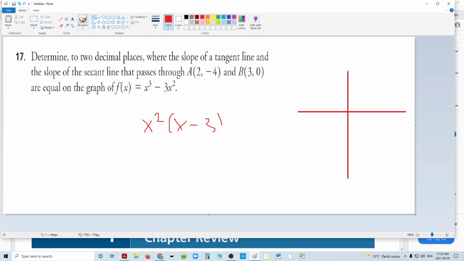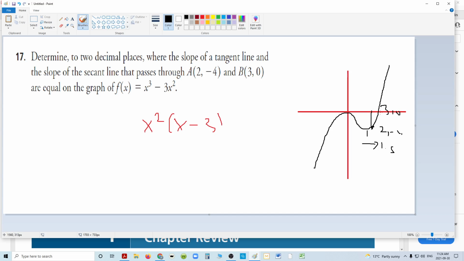So we're talking about a graph that bounces on the 0, comes down, and then goes through 3, 0. We're also talking about a graph that has a minimum that's just to the right of 1.5. They're interested in the points 2, minus 4. So there's a point on this graph, 2, minus 4.